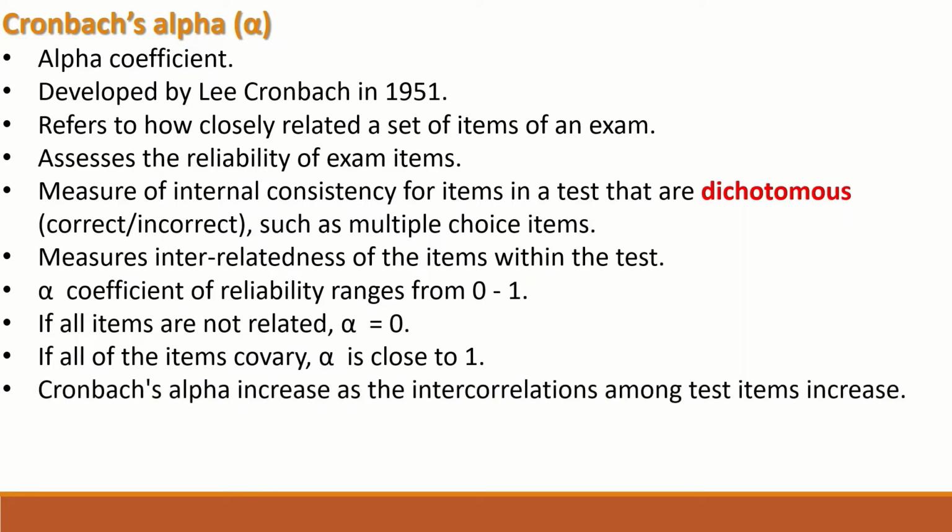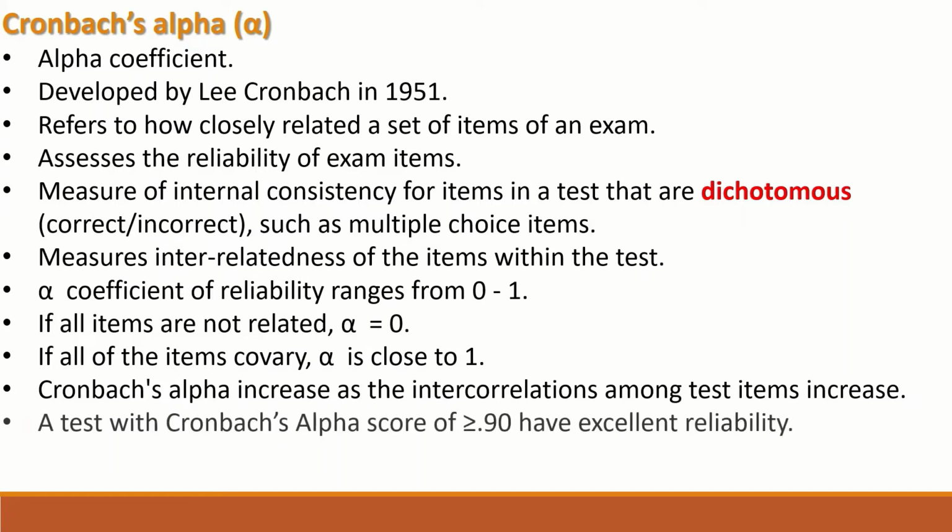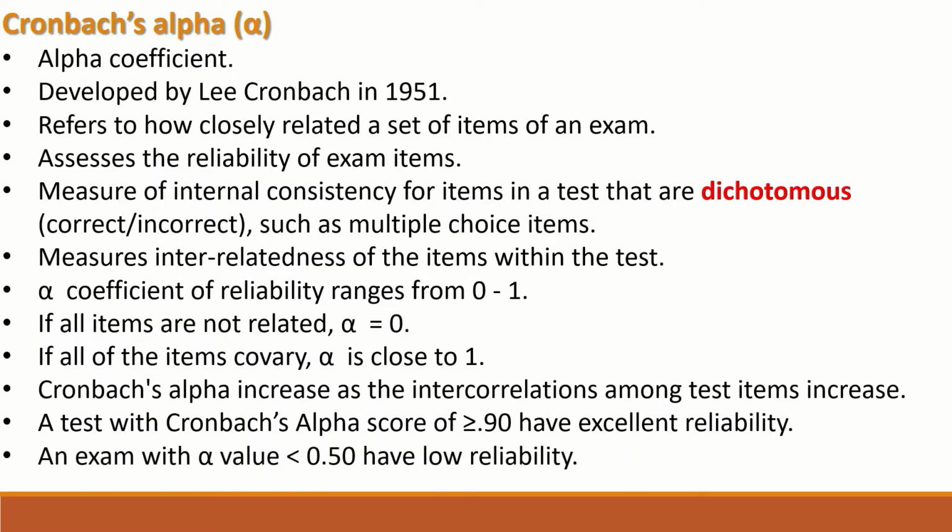Cronbach's alpha increases as the intercorrelation among test items increases. A test with a Cronbach's alpha score of 0.9 or greater has an excellent reliability, and a test with an alpha value less than 0.5 will have low reliability.